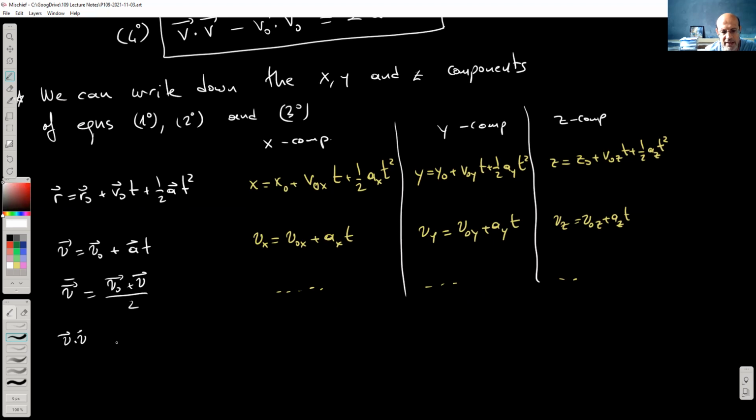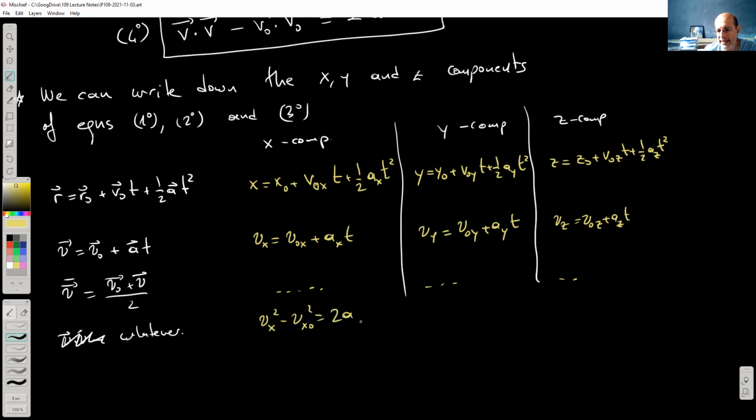But the last equation, v dot v minus whatever, it appears that by using the fact that the x component of the motion is a constant acceleration motion, I can write down the 4th equation in terms of the x component only.